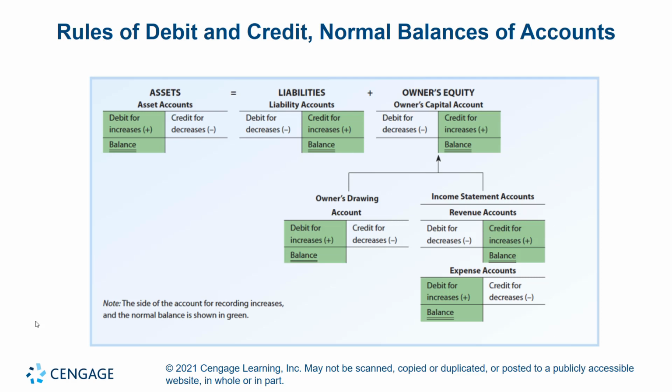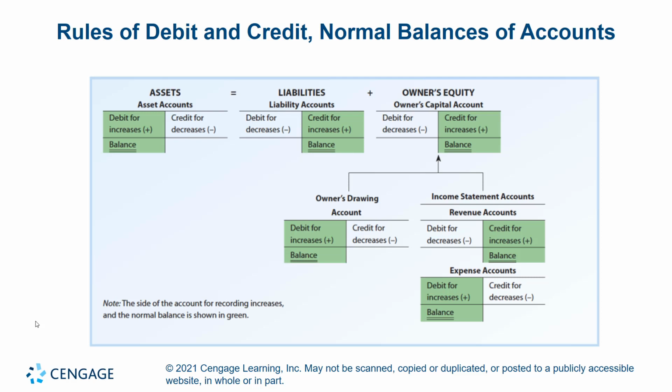Let's establish the fact from an earlier video that debits means left side and credits means right side. So all accounts have debits and credits. Debits again on the left side, credits on the right side.